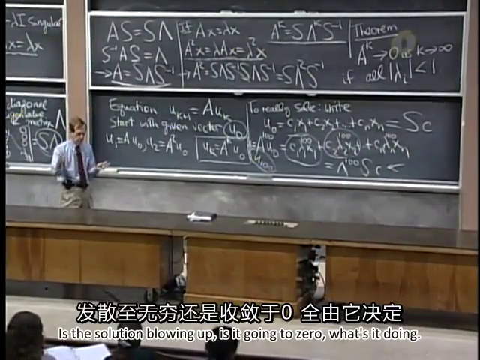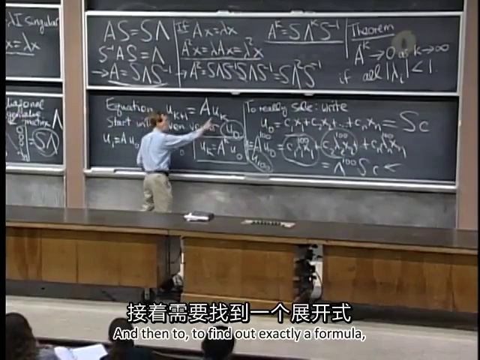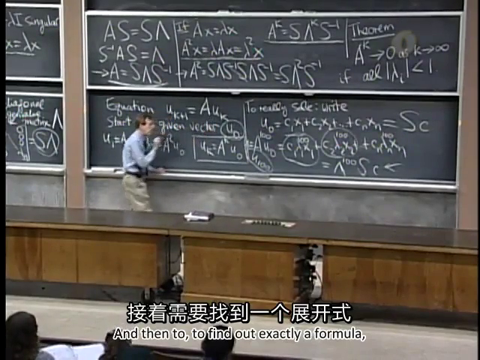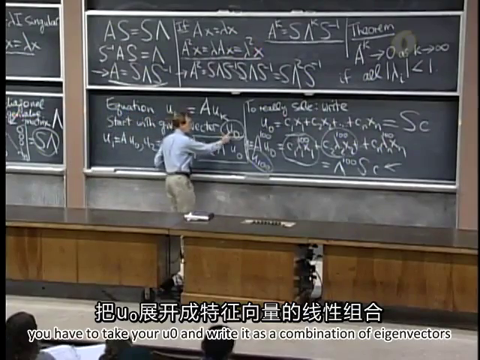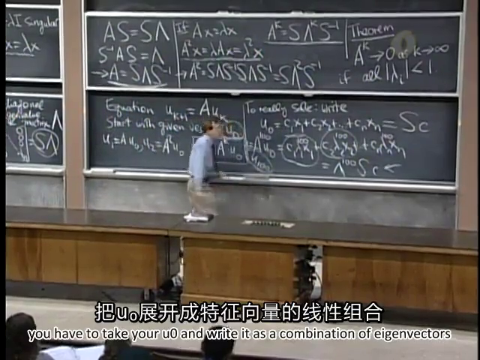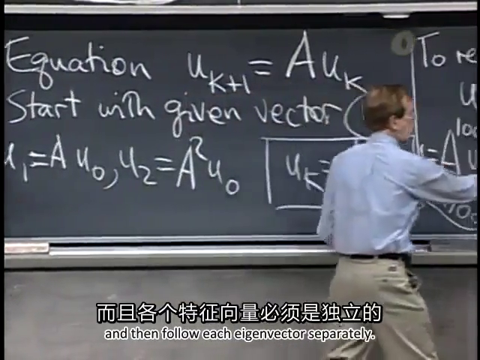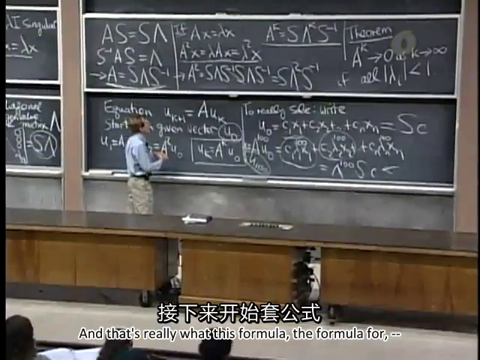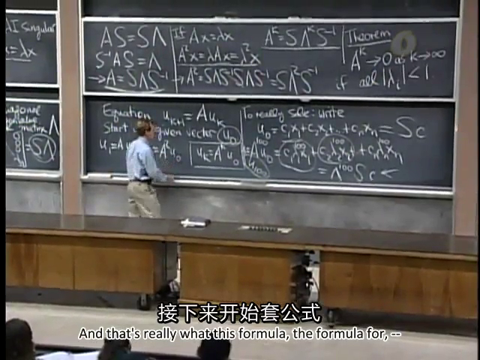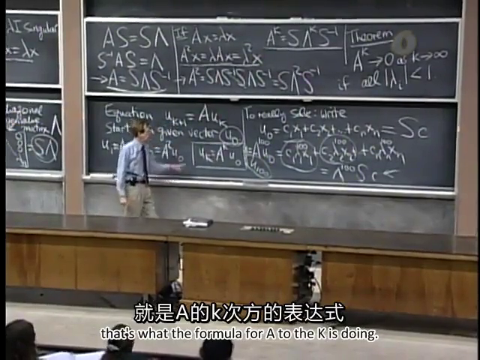Is the solution blowing up? Is it going to 0? What's it doing? And then, to find out exactly a formula, you have to take your u0 and write it as a combination of eigenvectors, and then follow each eigenvector separately. And that's really what the formula for A to the k is doing.